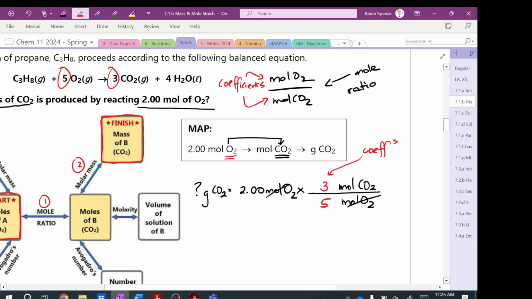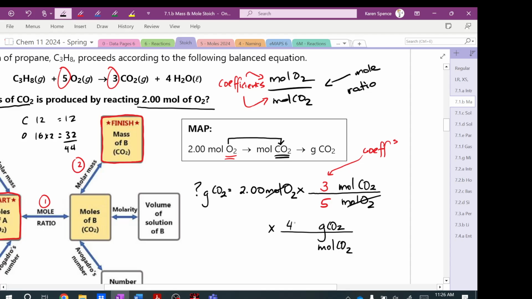Okay, I didn't give myself very much room here. So I'm now going to have to convert to grams of CO2, and I need to cancel moles of CO2. Carbon is 12, oxygen is 16 times 2 is 32, and 12 is 44.